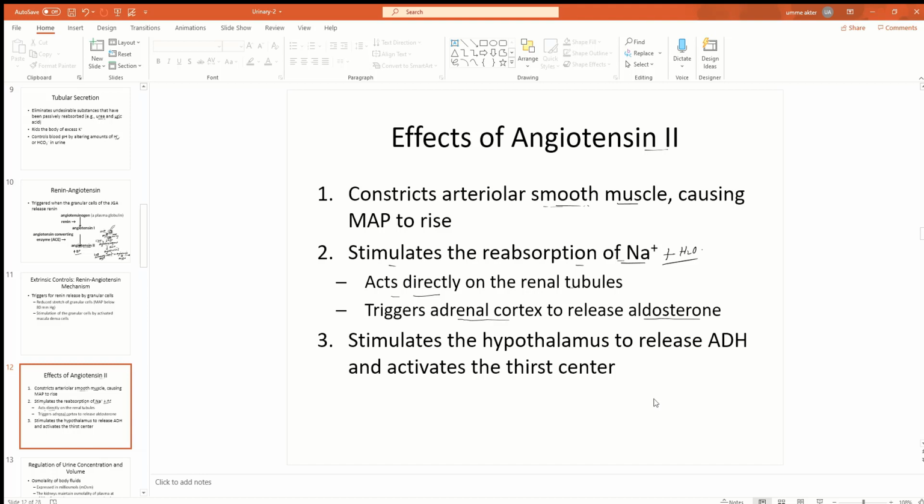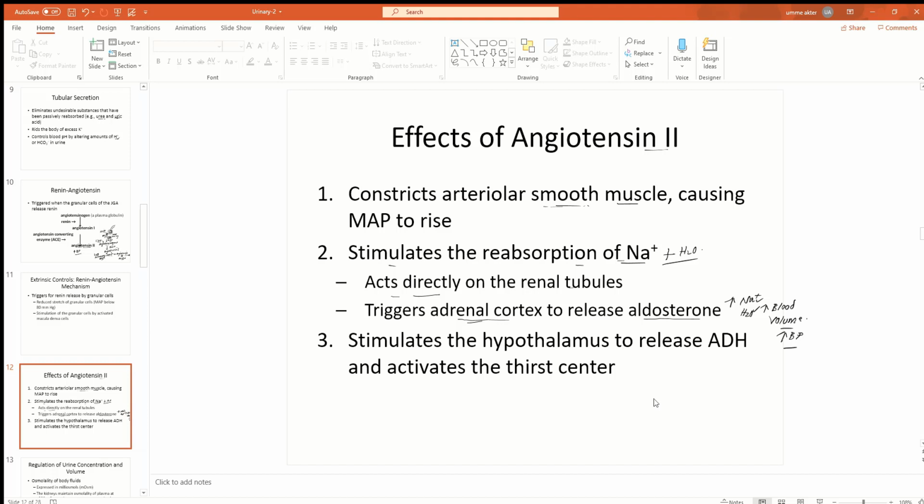We talked about this few minutes ago from the adrenal cortex, and that will also cause reabsorption of sodium, right, in the distal convoluted tubule, and that sodium will take the water with it. So blood volume will go up. Make sense? If sodium and water go back, blood volume will go up, and that will increase the blood pressure. More blood volume, more blood pressure. More vasoconstriction, more blood pressure.